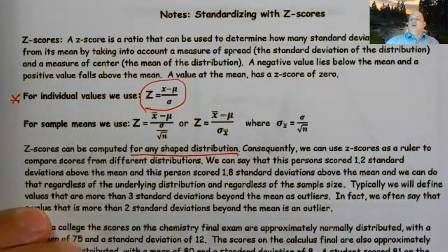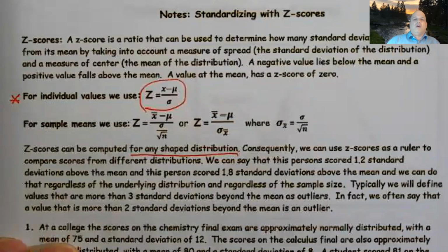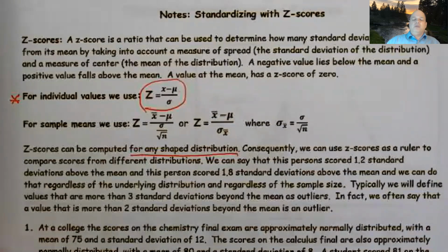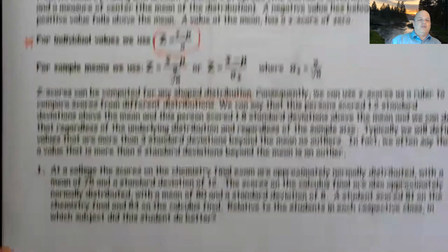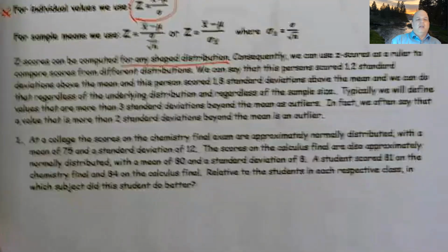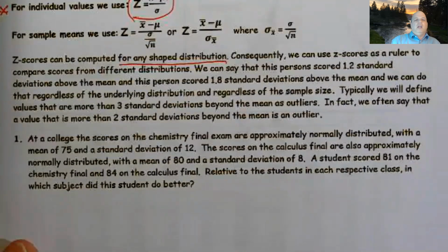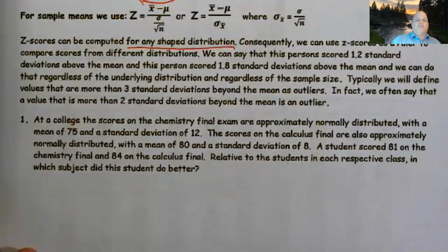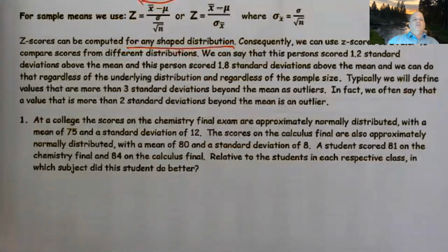So if you're curious which course had a harder final, such as chemistry or calculus, which are 2 different classes, you can use this as a ruler to make a comparison. And I'm so glad you asked about chemistry and calculus, because we're going to look at a couple chemistry and calculus finals and see where the student performed best. This allows us to make comparisons for different distributions and different samples.